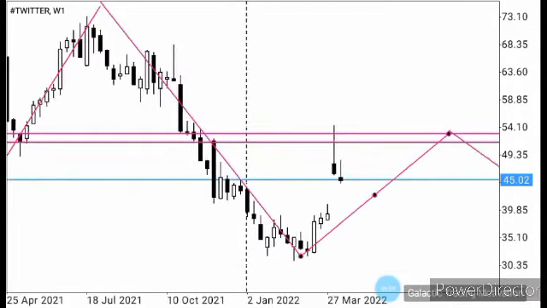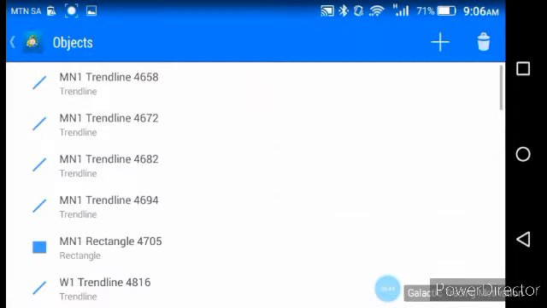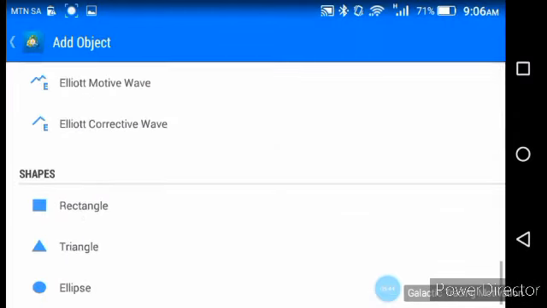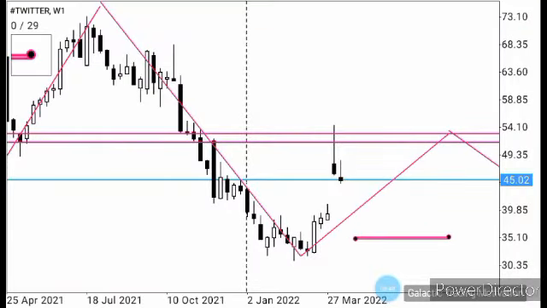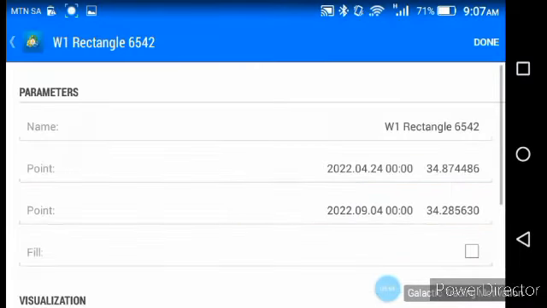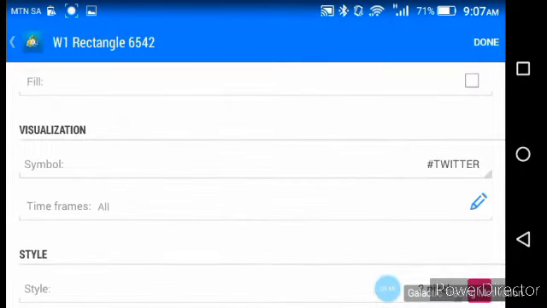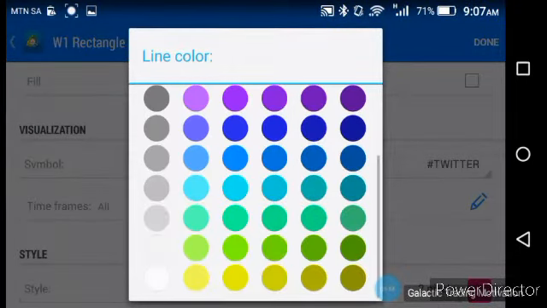Let me just make it bigger. Choose a different color. Let me go with a green.